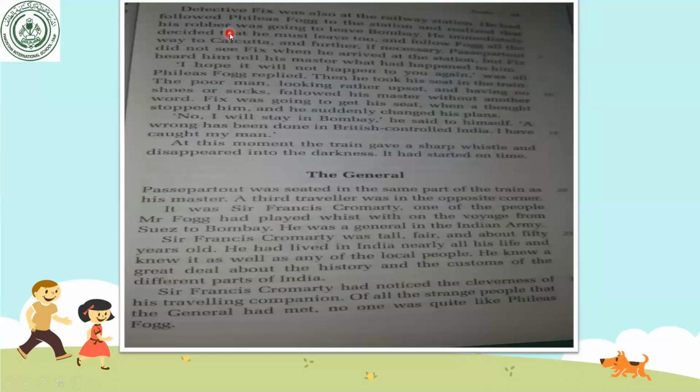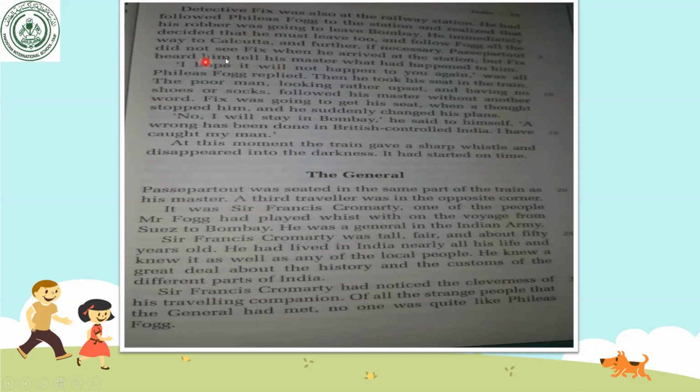Detective Fix was also at the railway station. He had followed Phileas Fogg to the station and realized that his robber was going to leave Bombay. He immediately decided that he must leave too and follow Fogg all the way to Calcutta, and further, if necessary.